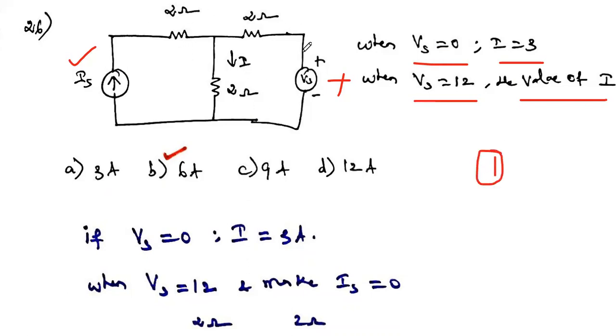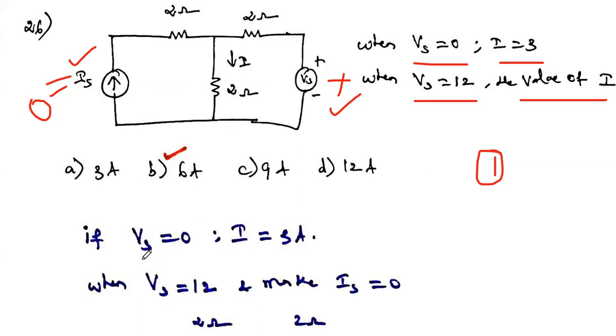Similarly, next we deactivate the first source, that is, make its value 0, and activate the second source. At that time we find the current I. The total current flowing through this 2 ohm resistor is the addition of the first current and the second current. It is called the superposition theorem.